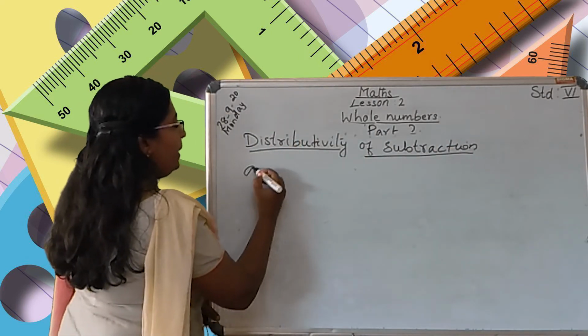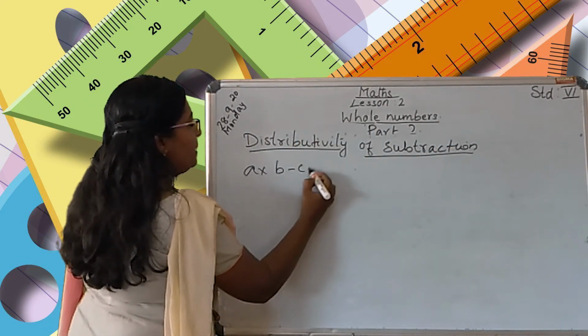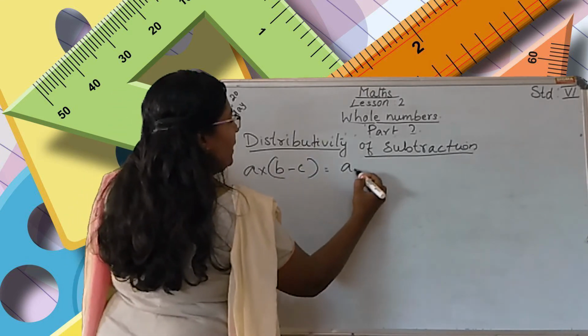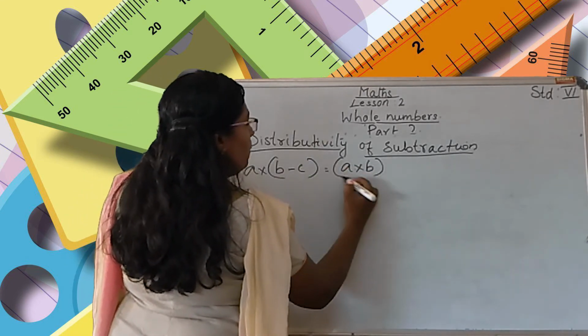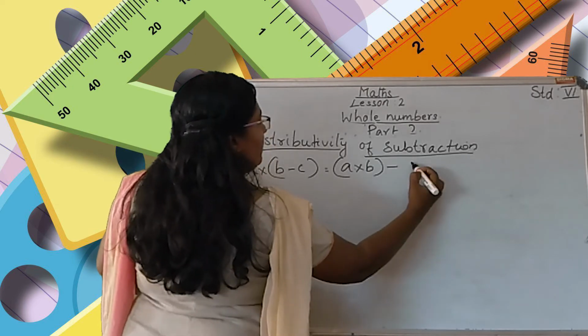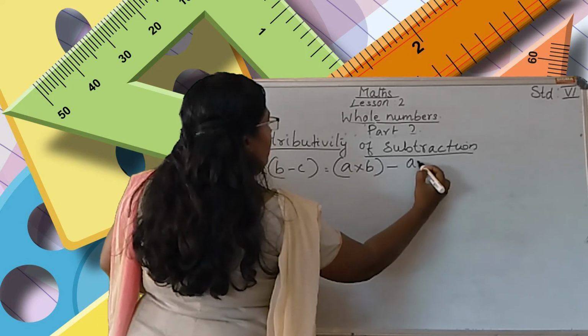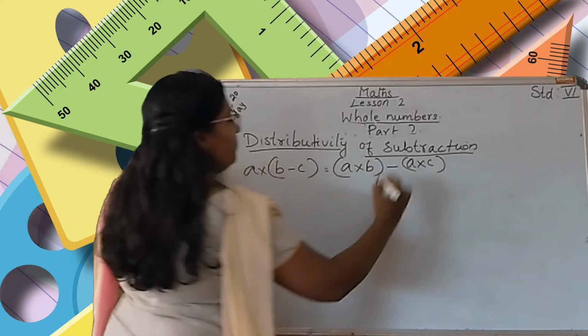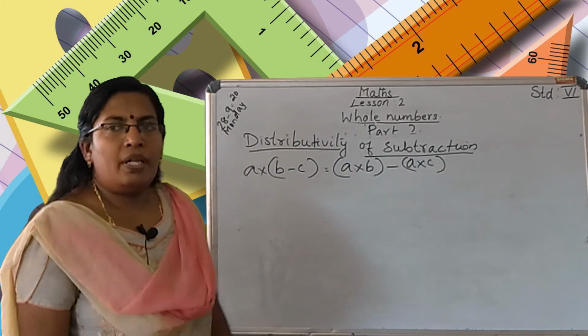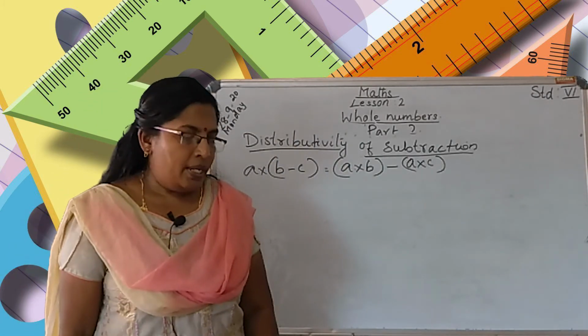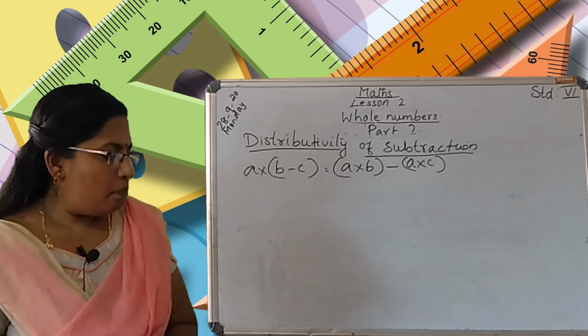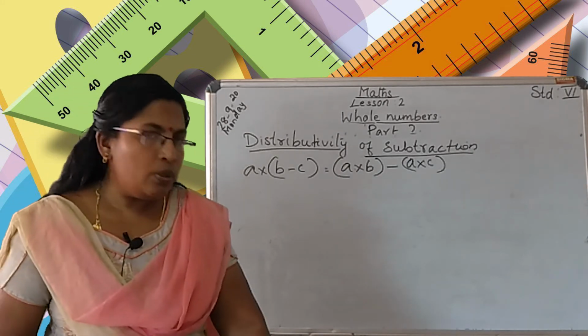That is, A into B minus C equal to A into B minus A into C.